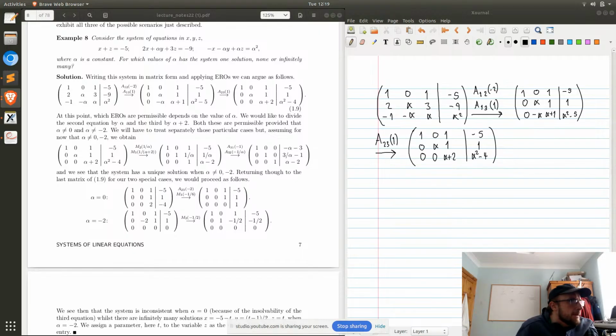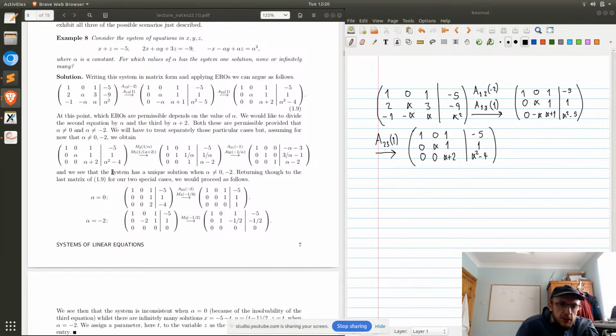So in this case here, they've got ones on the main diagonal and zeros in the lower triangle of the matrix. And so they obtain, and zeros in the upper diagonal. Reduced row echelon form, isn't it? Right there. So there are the solutions.